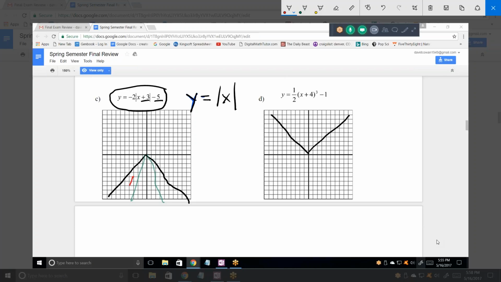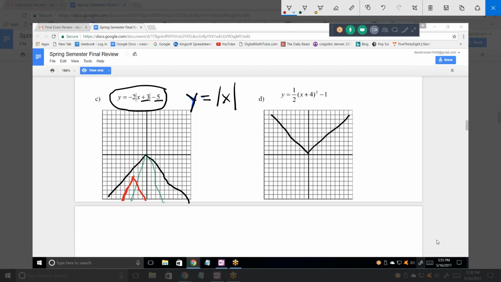So I think it does make more sense to do your stretches and shrinks first, because I can approximate a stretch or a shrink of the parent function far easier than I can approximate a stretch or a shrink of a function that's been shifted and moved all over the place. You know what I'm saying?